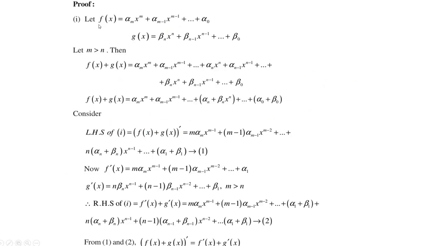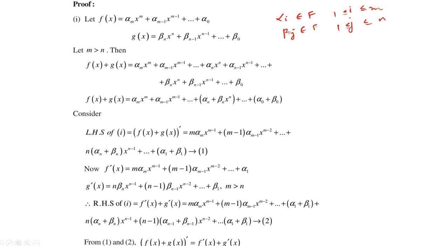Now we'll consider the two polynomials that we need. One is f of x, which we have taken as this, a polynomial over F with scalars alpha i from F. Similarly the beta j's are in F, with j ranging from 1 to n, and here i ranging from 1 to m.